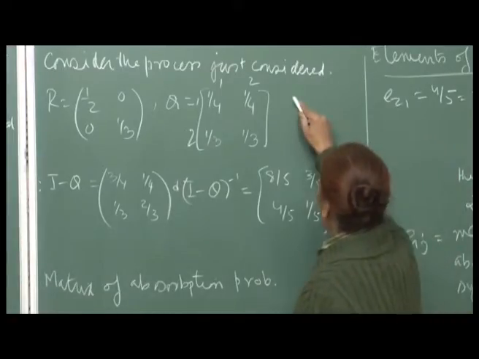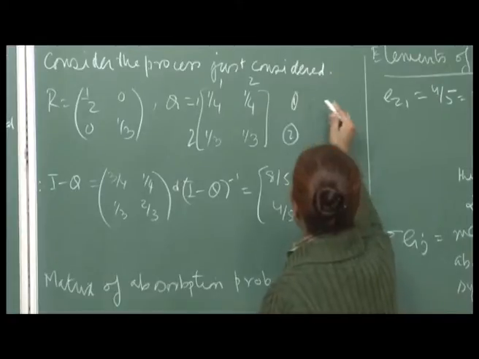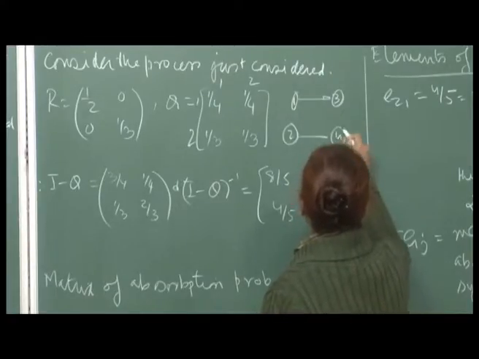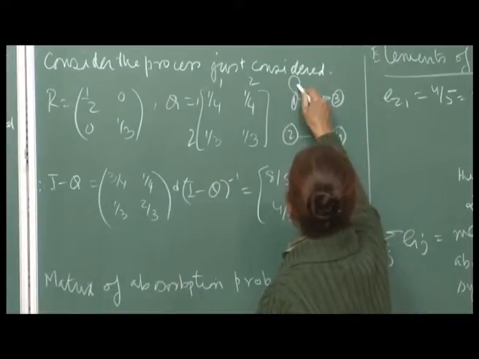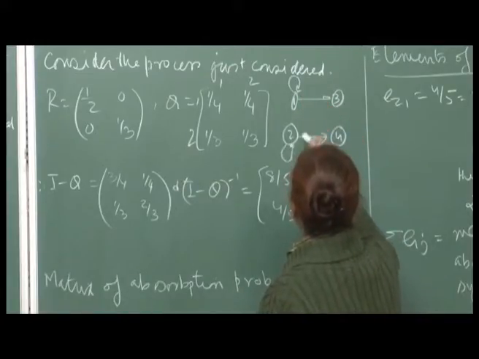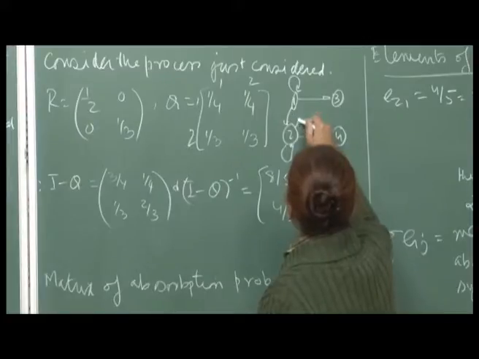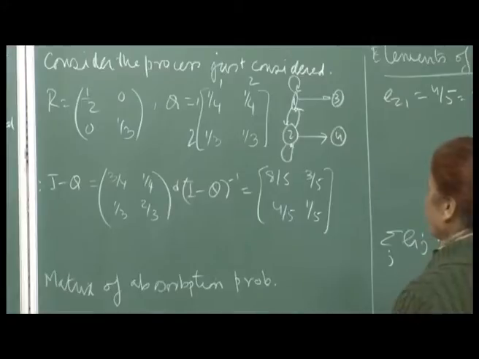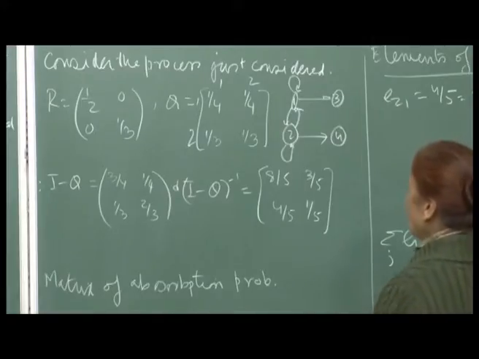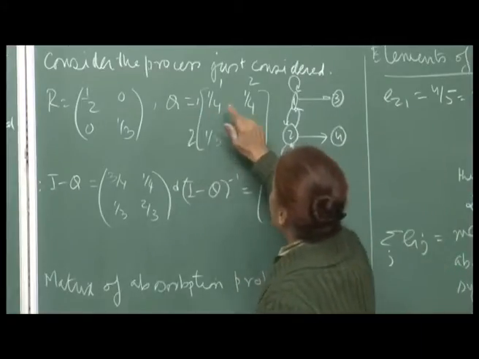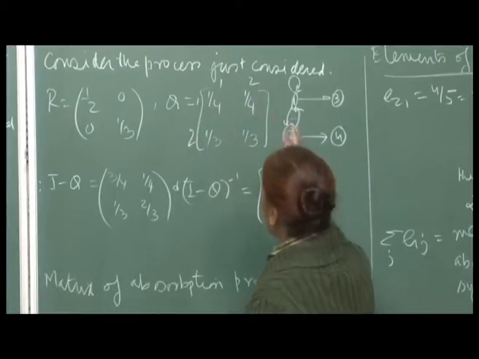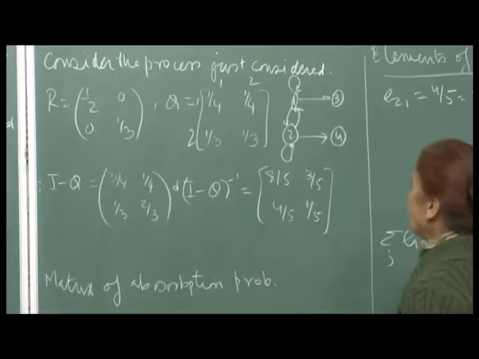3 and 4, maybe I will just draw the figure again. So, this was 3 and this is 4. And so, you had a loop here, then you could come here and you could go there. This was your diagram, sorry. I should have been careful. So, Q is just the matrix where the rows and the columns both correspond to transient states, right.